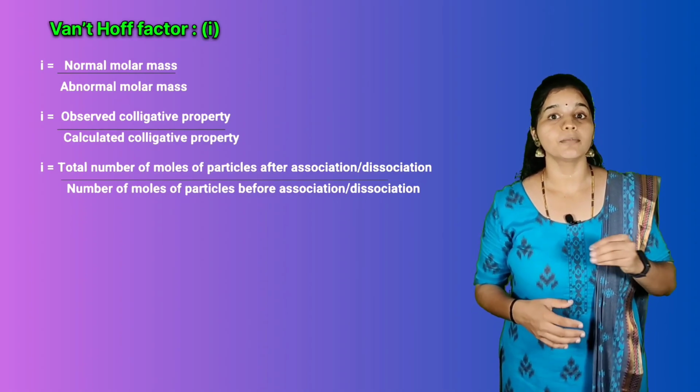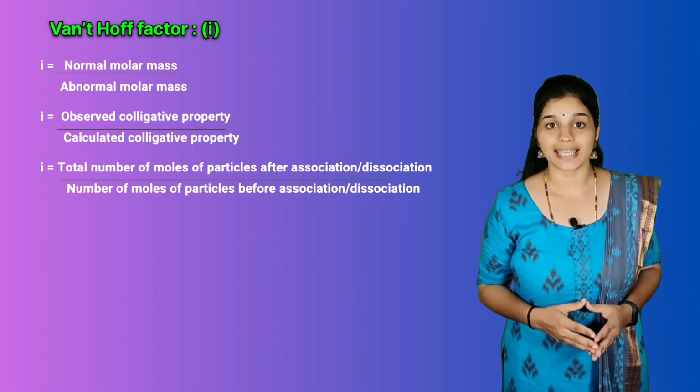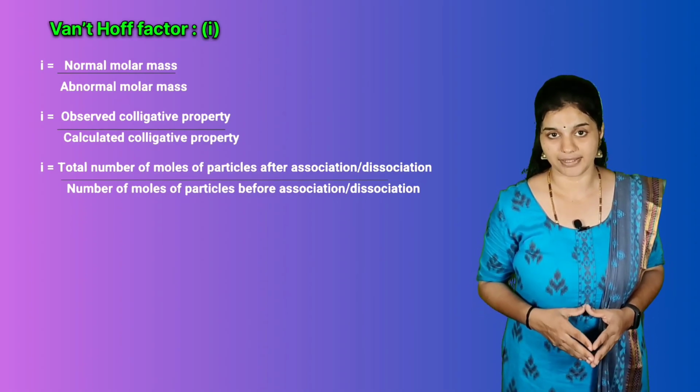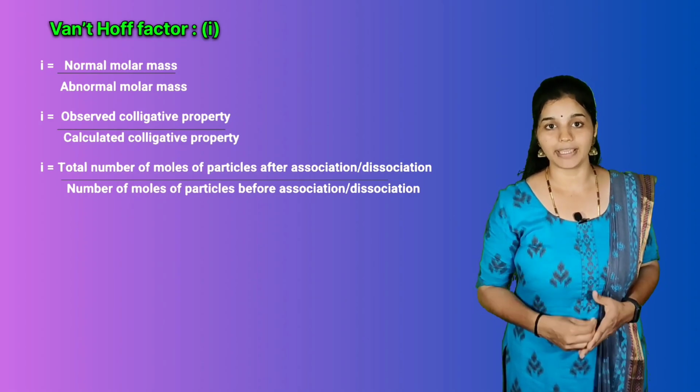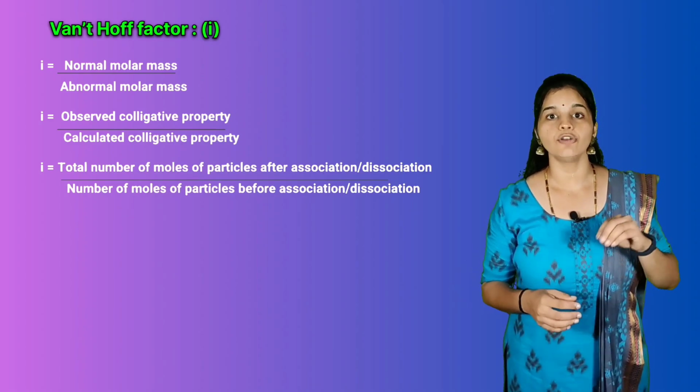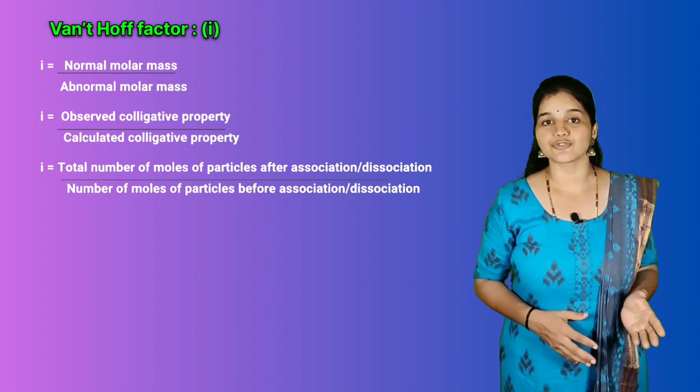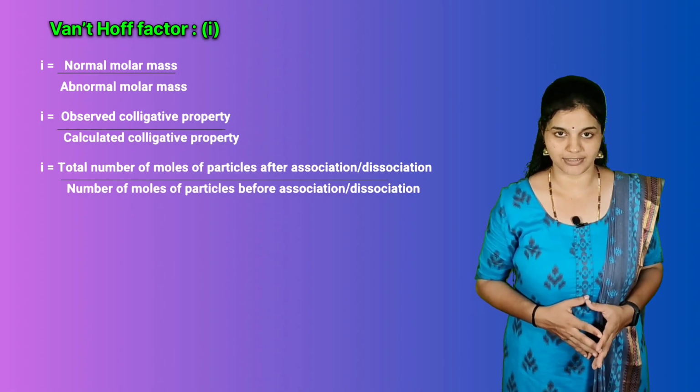Here, abnormal molar mass is the experimentally determined molar mass, and calculated colligative properties are obtained by assuming that the non-volatile solute is neither associated nor dissociated.